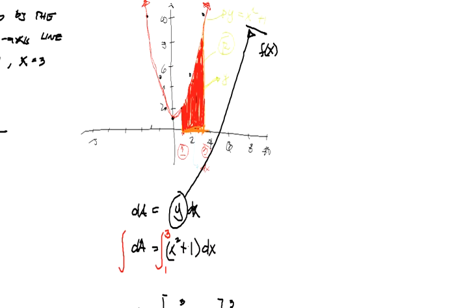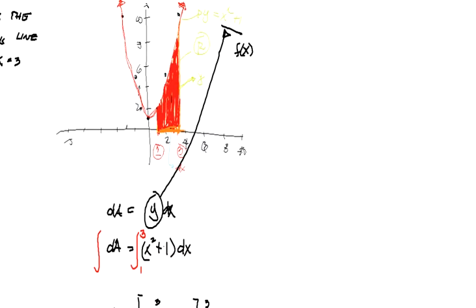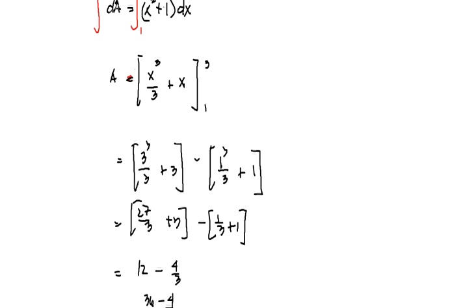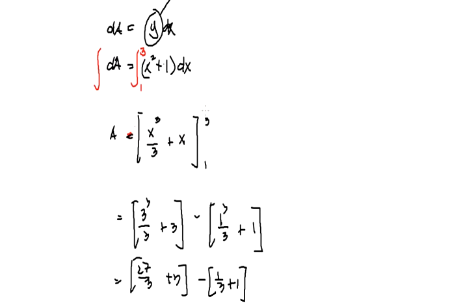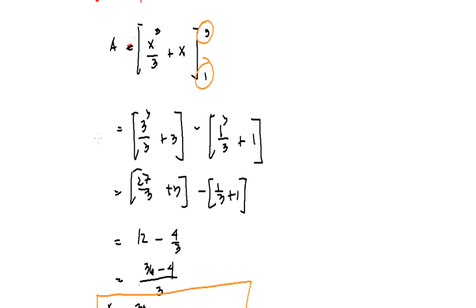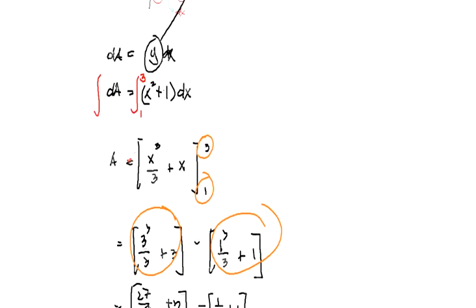Okay. So that is one of the applications of our integration, to find the area of this irregular shape bounded by this curve. By the way, as you can see here, using our definite integral, what we've done here is to subtract this area minus this area, right?